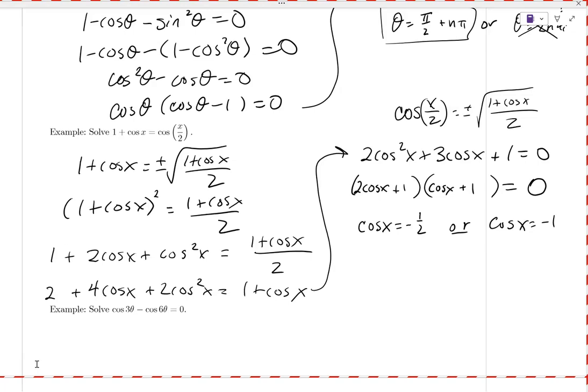Cosine equals 1/2, where? What would be your reference angle for cosine being 1/2? Yeah, it'd be pi over 3, right? So what pi over 3 angles are in quadrant 2 and in quadrant 3? 2 pi over 3. Good. 4 pi over 3. Good.